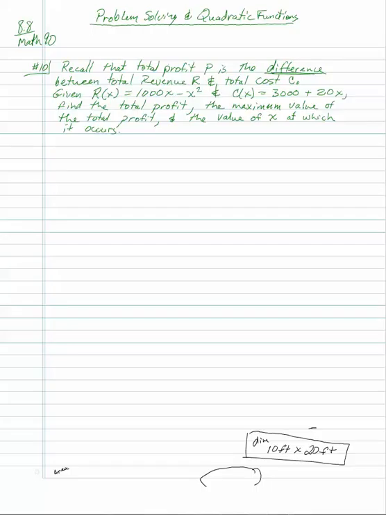at which it occurs. So we want to get a total profit function. They pretty much told us profit is equal to revenue minus cost. So let's plug in their numbers. Revenue is 1000x minus x squared. Cost is 3000 plus 20x.